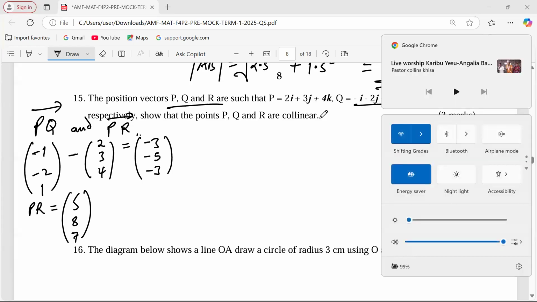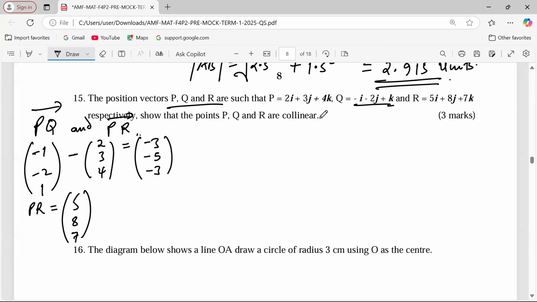Then with the 5, 8, 7, we can talk about P, which is 2, 3, 4 again. So I'll be having 3, then from there I have 5, then here I talk about 3.